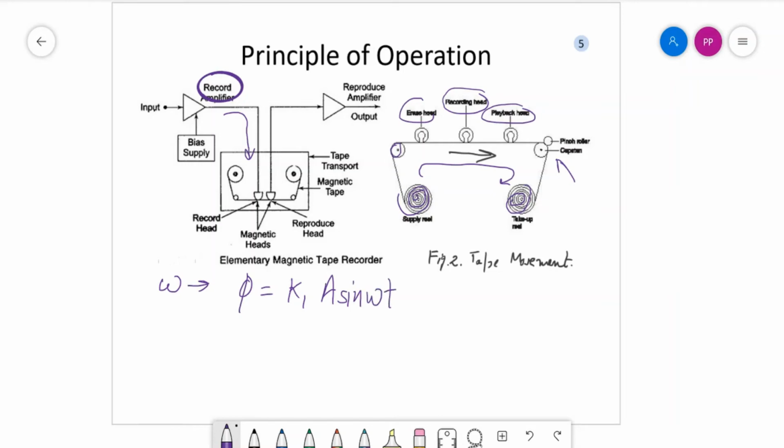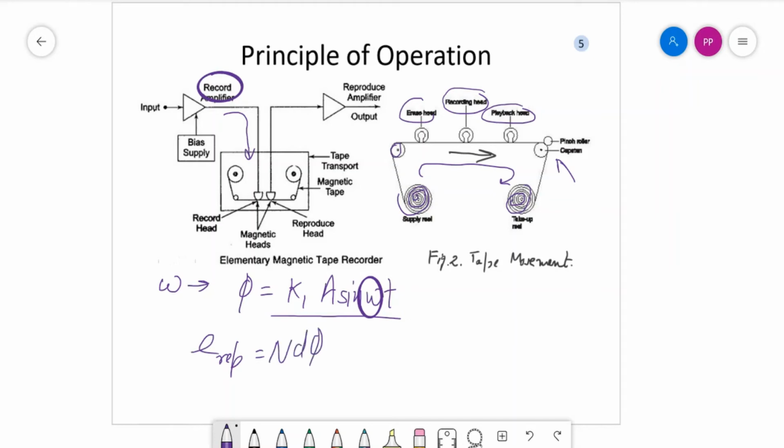So the signal is recorded due to this flux, and there is information about the frequency, and when it is reproduced, the reproducing EMF will be proportional to the derivative of the flux. So the rate of change of flux is recorded along with the number of turns of the reproducing head.